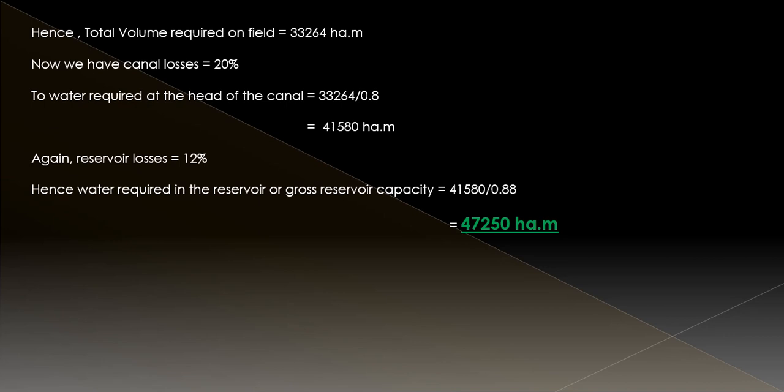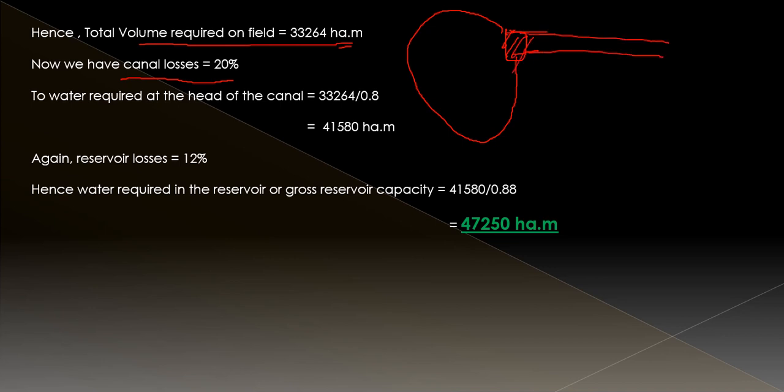We have calculated the total volume required on the field as 33,264 hectare meters, and also in the question we have the canal losses as 20%. That means, let us see, this is a reservoir and here there is a dam and this is a canal system.